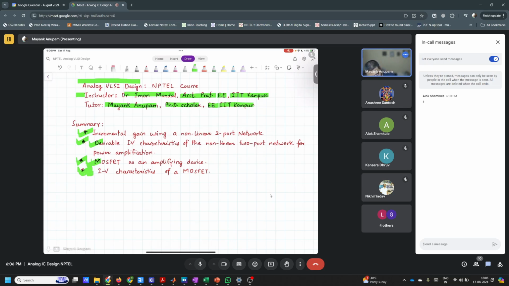We also saw the IV characteristics of a MOSFET, and the equation which governs the current to voltage relationship.